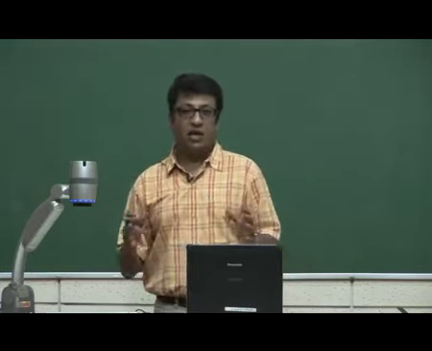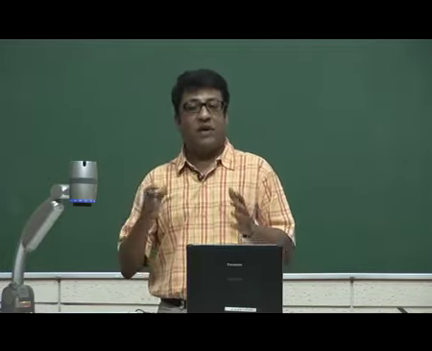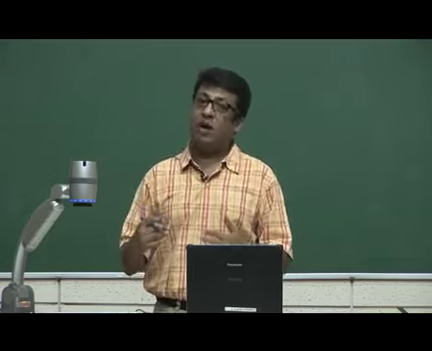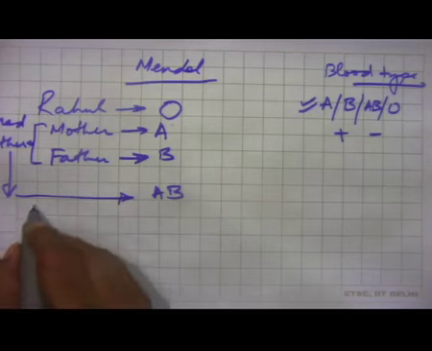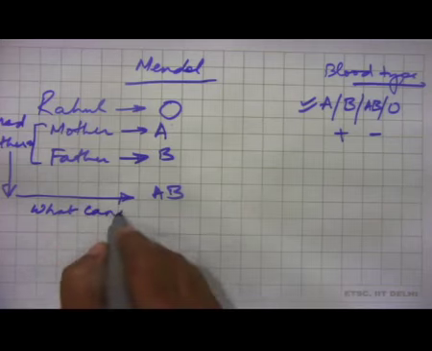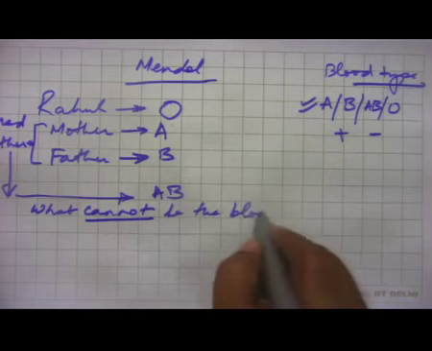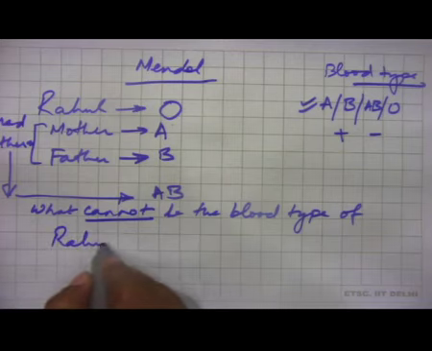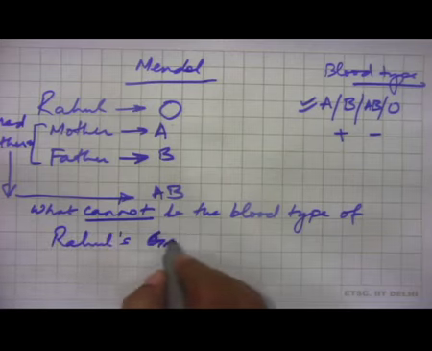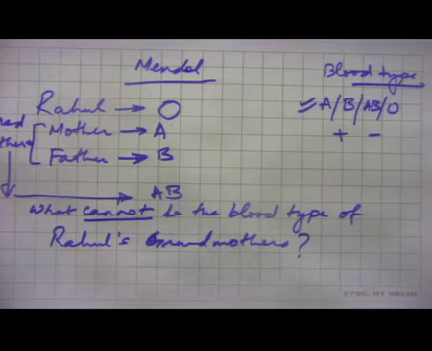You can solve both these problems in terms of understanding the family pedigree of a blood type. Let us try to answer the question because it is easier to do for conceptual understanding. What cannot be the blood type of Rahul's grandmothers? How do you solve this?